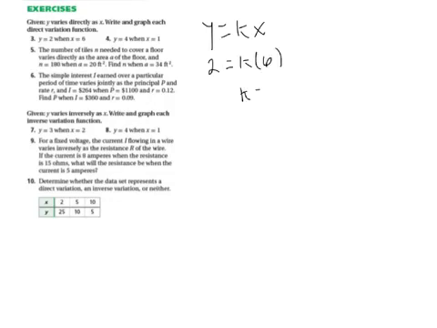So k is going to equal 1/3. So then our function is y equals 1/3 x. And if you wanted to graph that, that'd be a line up 1/3. And there we go. Alright, so that's number 3 there.